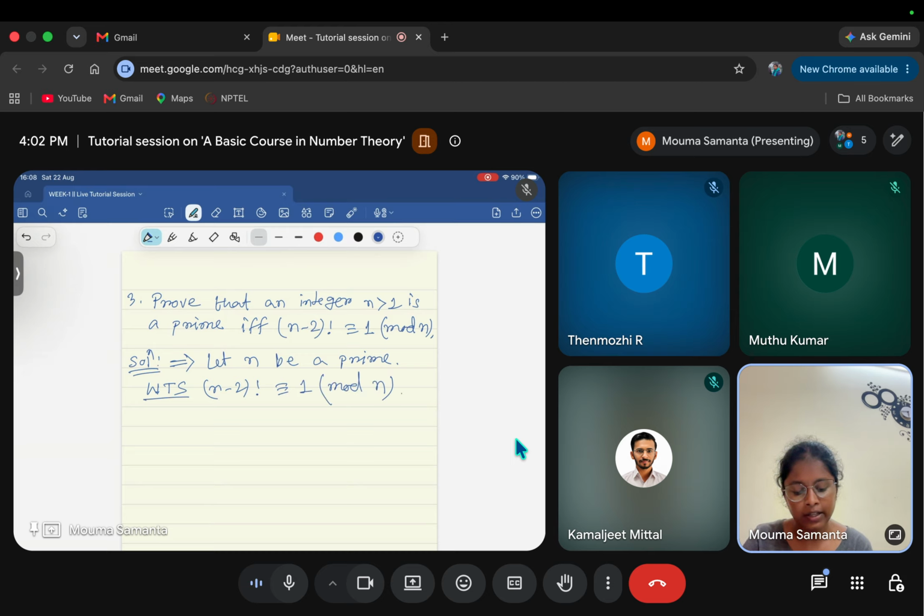Why am I saying this direction will be easy? Because for a prime n we know Wilson's theorem. Can anyone tell me how to proceed with that? Kamaljeet, Mothu or Denmoji, anyone? This is the easy direction.